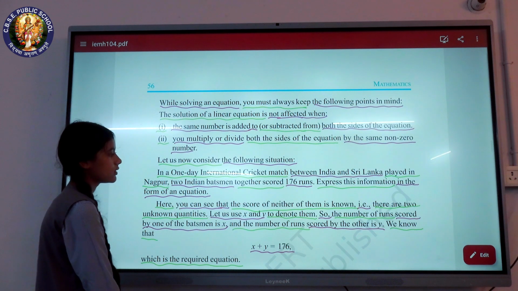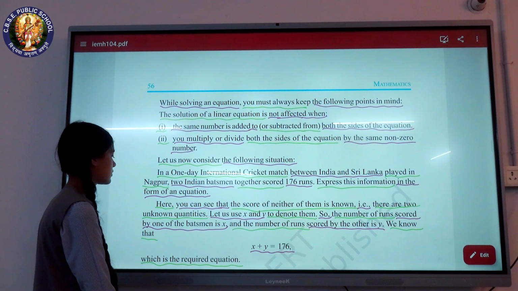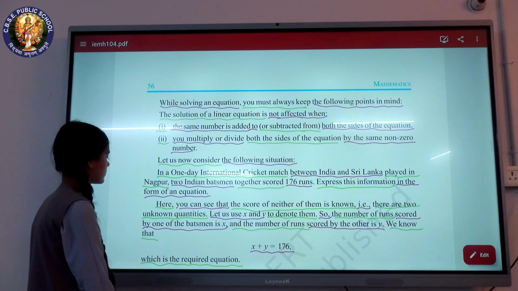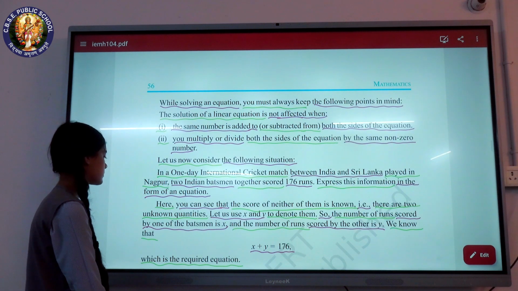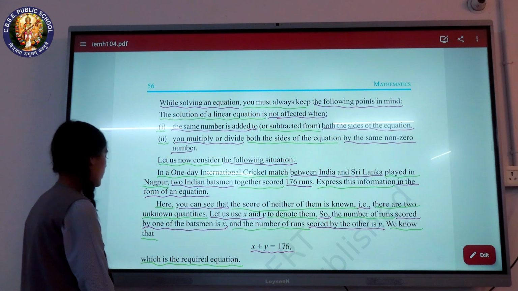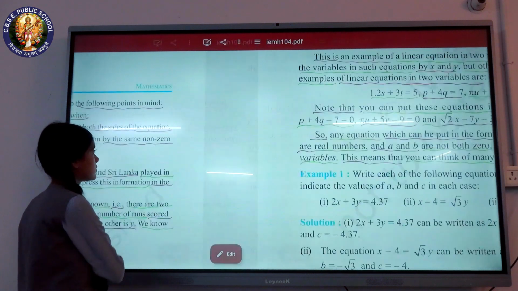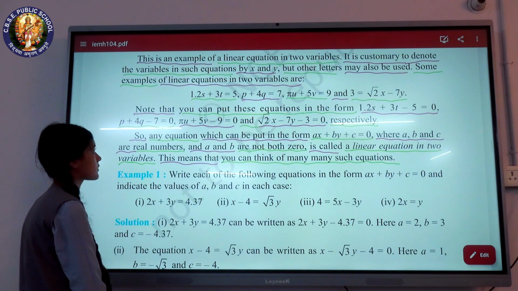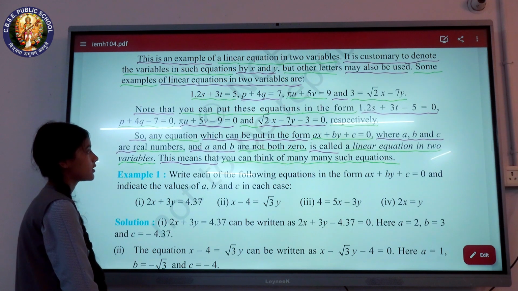So, the number of runs scored by one of the batsmen is x, and the number of runs scored by the other is y. We know that x + y = 176, which is the required equation. This is an example of a linear equation in two variables.